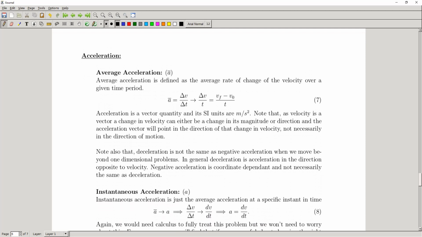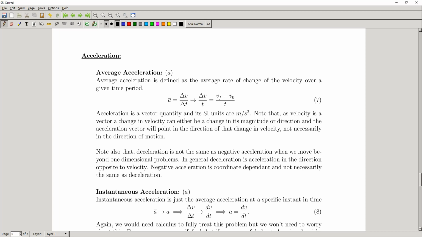We have one more quantity that we need to define here before we move on, and this is going to be average acceleration. So the average acceleration is defined as the average rate of change of the velocity over some given time period, right? And so we see the definition here written in the form of an equation.